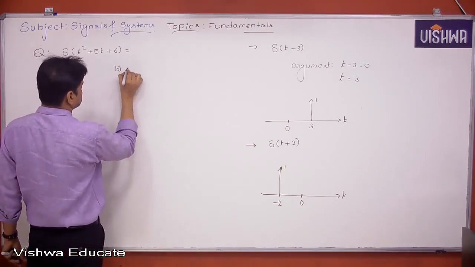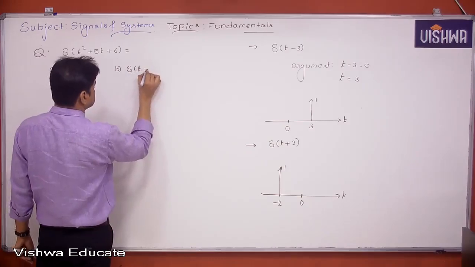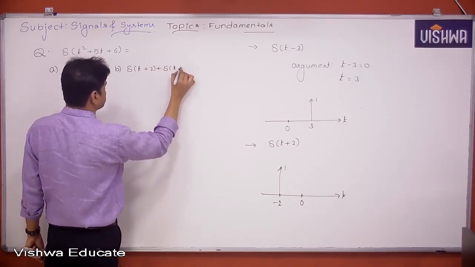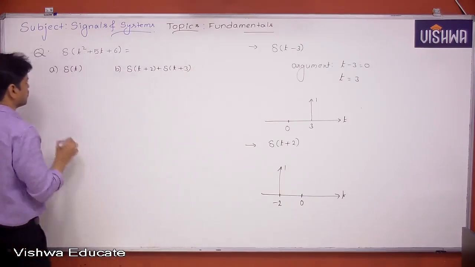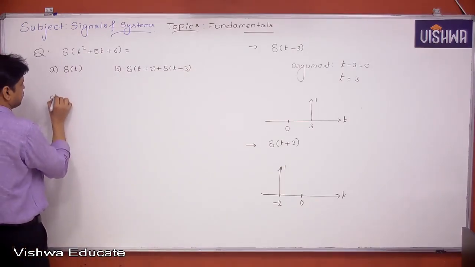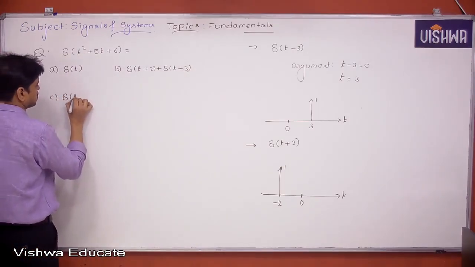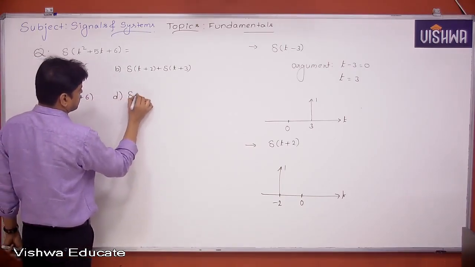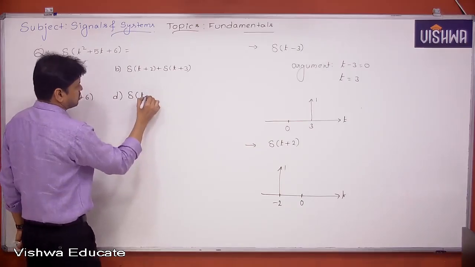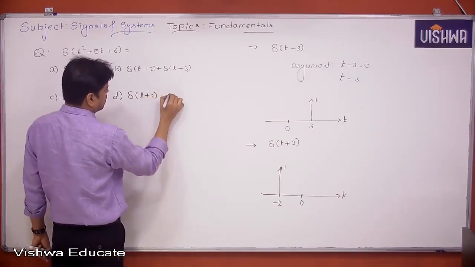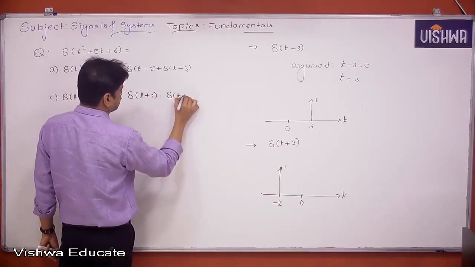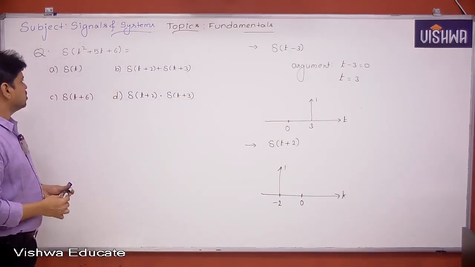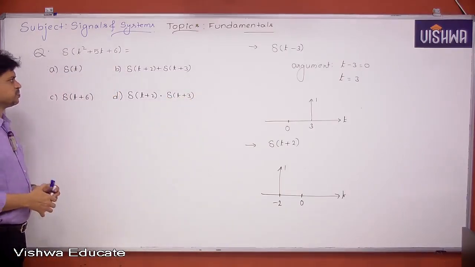Option B, delta t plus 2 plus delta t plus 3. Option C, delta t plus 6. Option D, delta t plus 2 multiplied with delta t plus 3. So these are the options they have given. Try to understand how we can solve this question.